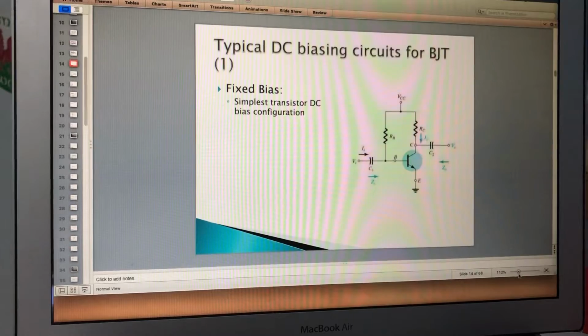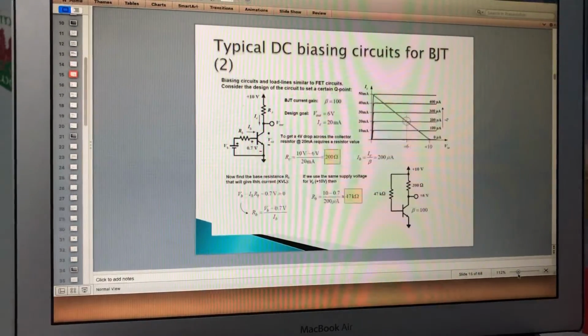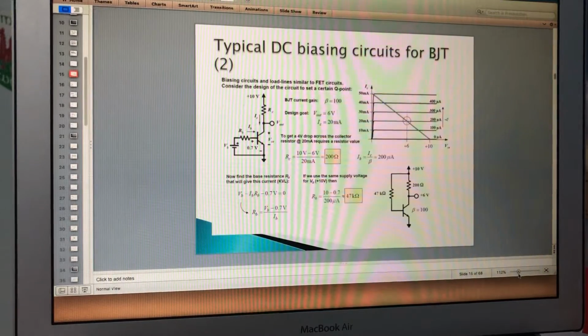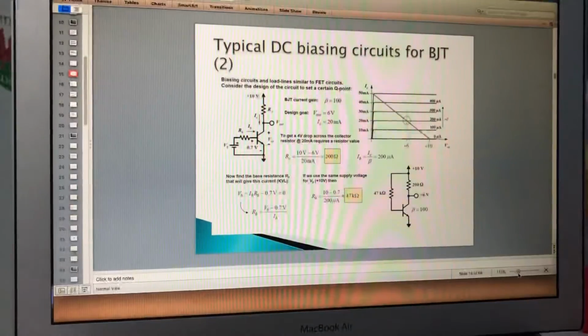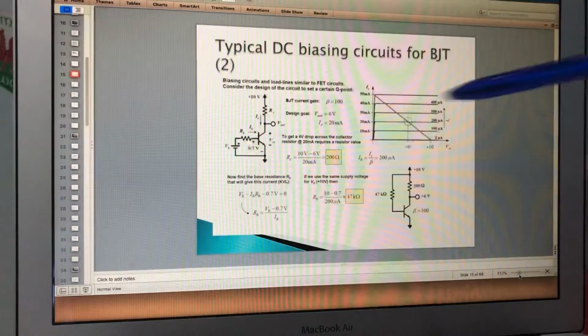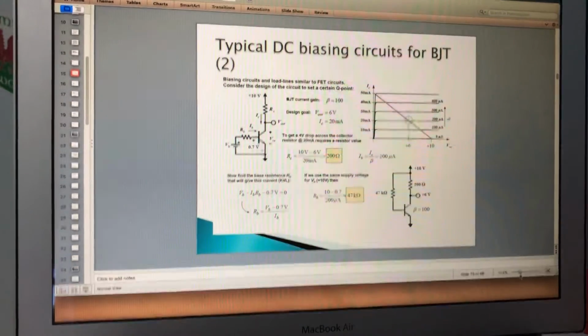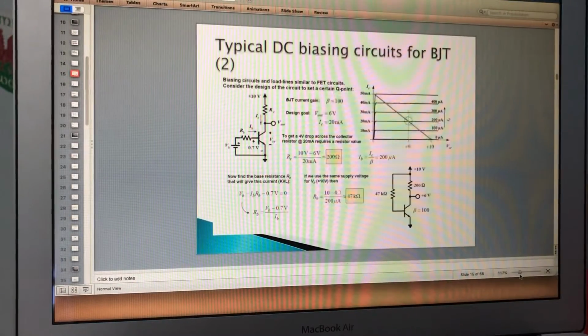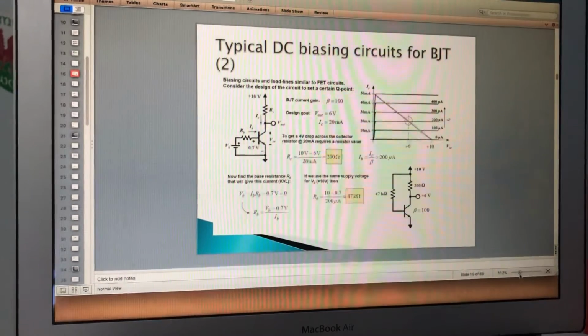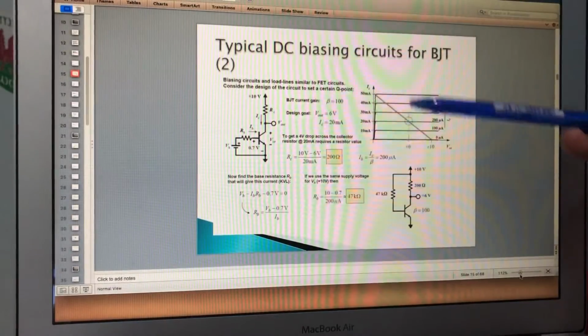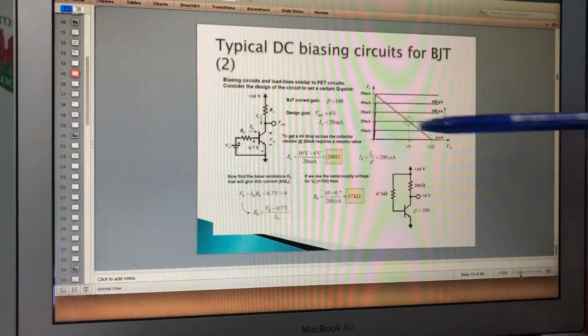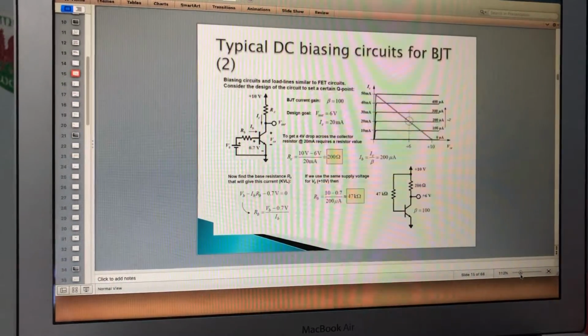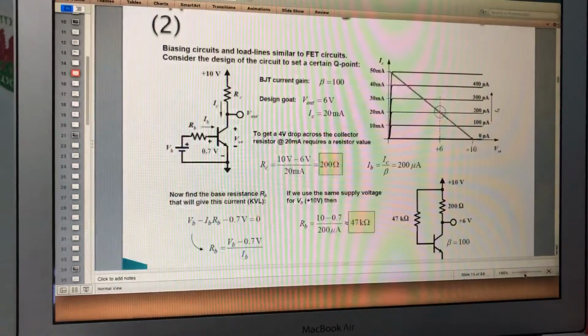Now let's analyze this circuit here. This is the fixed biasing. When we are designing an amplifier, the designer sets where we want it to be biased. In this example, maybe I can zoom a bit.